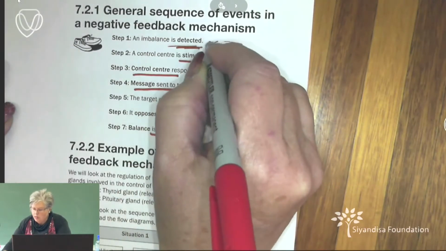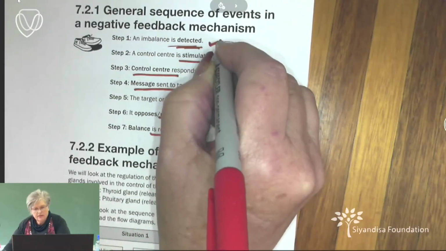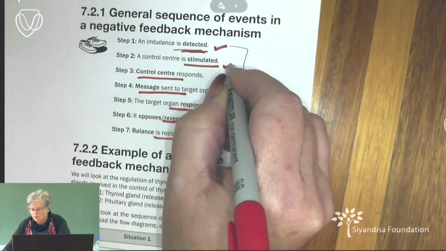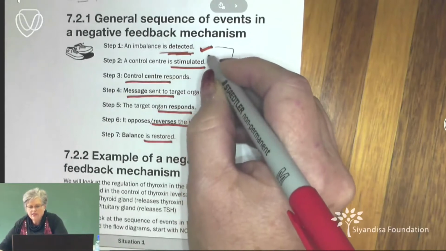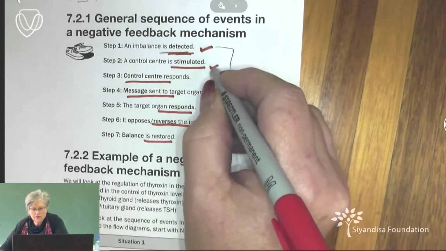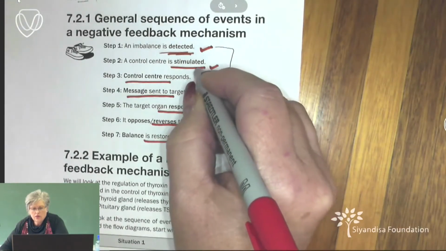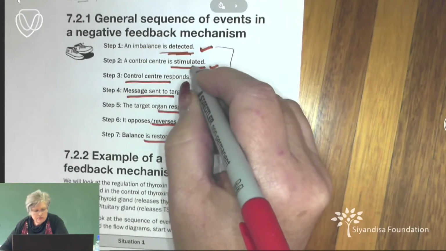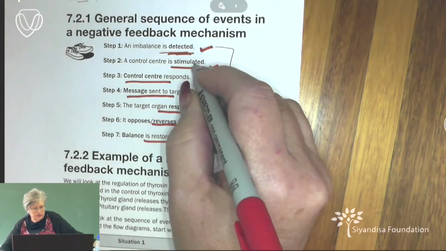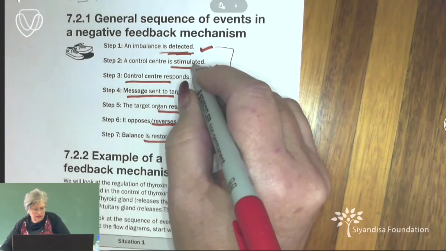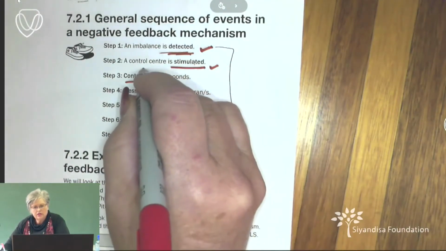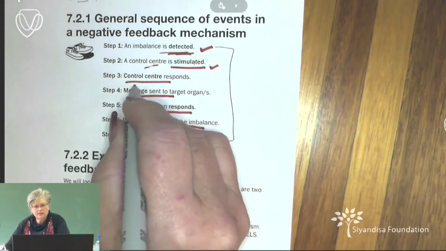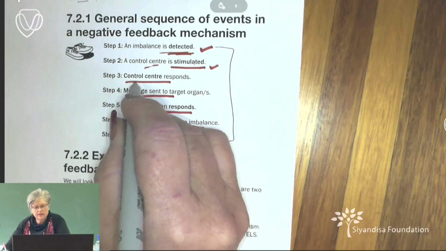So firstly, what is the imbalance? What is the control center? So if there is too much thyroxine or too little thyroxine, which gland will be stimulated? The pituitary gland or the hypophysis will be stimulated. So our control center is the pituitary gland.